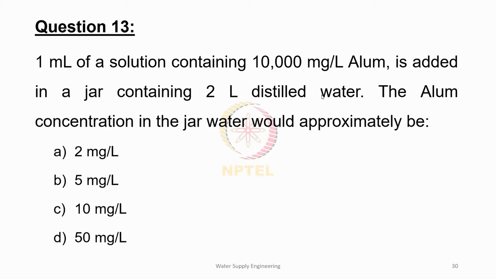1 milliliter of a solution containing 10,000 milligram per liter alum is added in a jar containing 2-liter distilled water. The alum concentration in the jar would approximately be: option A, 2 milligram per liter; option B, 5 milligram per liter; option C, 10 milligram per liter; option D, 50 milligram per liter.